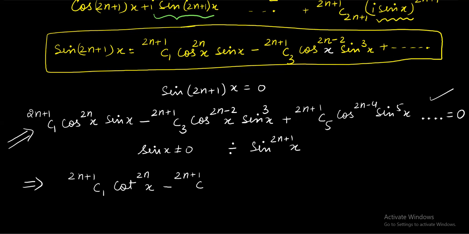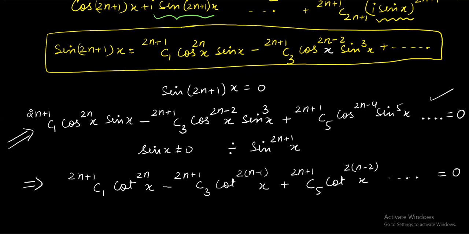Similarly, when you divide the second term, you will get cot raised to the power 2(n-1) x. Let me write down the third term as well. It will become (2n+1)C5, again cot raised to the power 2(n-2) x, and so on equals 0.